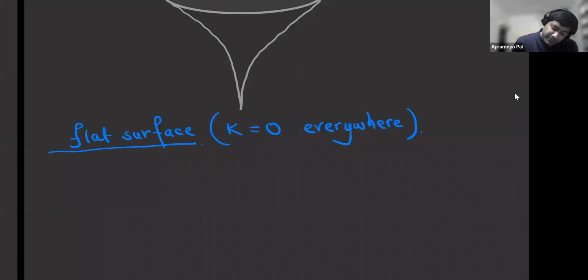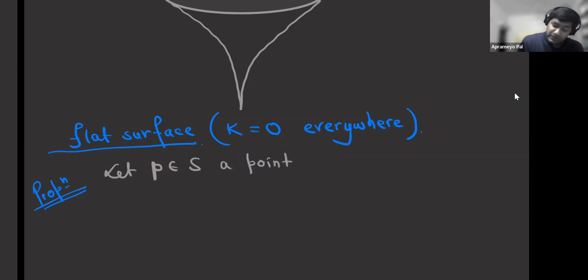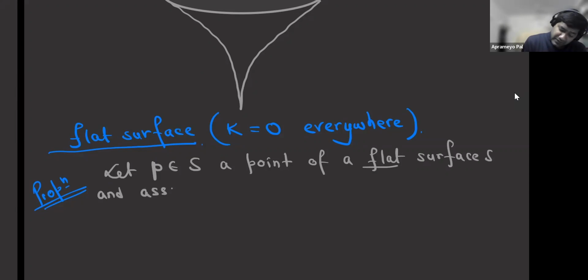Then you have a proposition which I will not prove. It's similar to what we have already seen. Let P in S be a point of a flat surface S, and assume P is not umbilical.